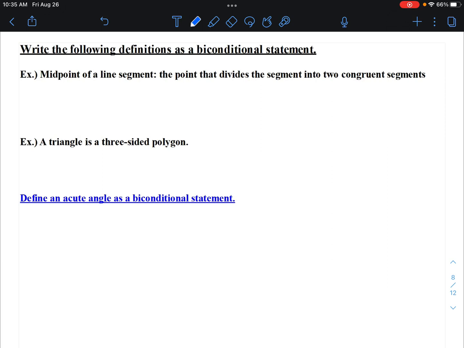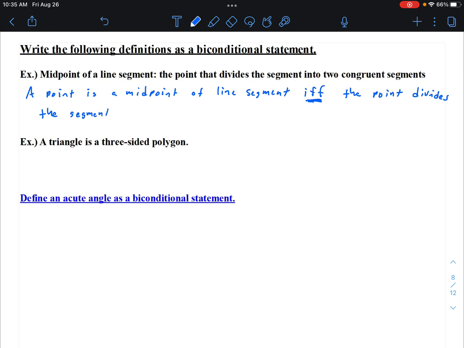So we may say something like, as a biconditional, a point is a midpoint of a line segment if and only if, I'm going to drop in the IFF, remember that means if and only if, the point divides the segment into two congruent segments.